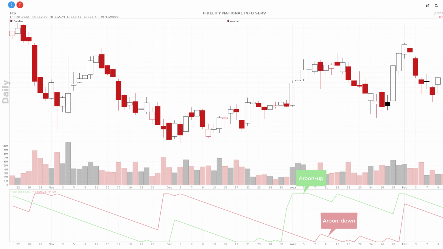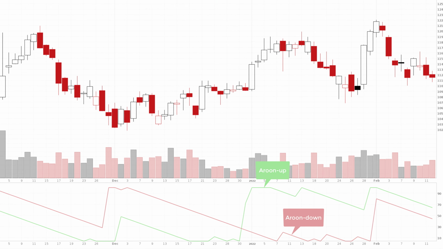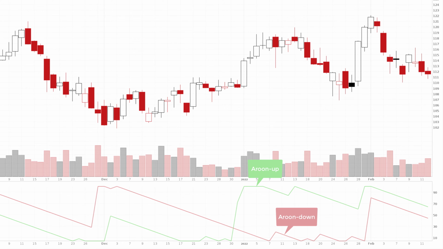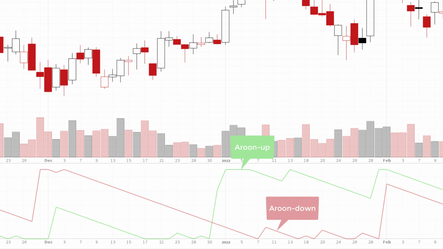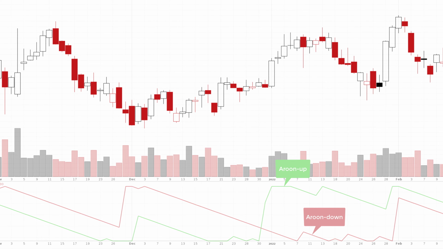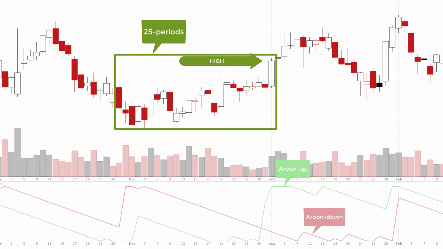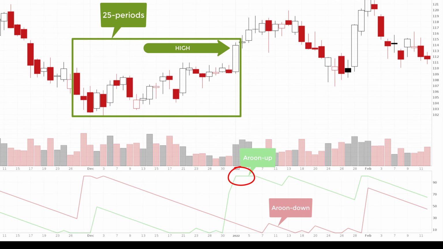All values are calculated as a percentage value indicating the time since the previous high within that specific period. The Aroon up measures how long it has been since the prices reached a new high within the predefined period, in this case 25 periods. If the highest price of the most recent period is the highest within that predefined period, then the Aroon up will have a value of 100.